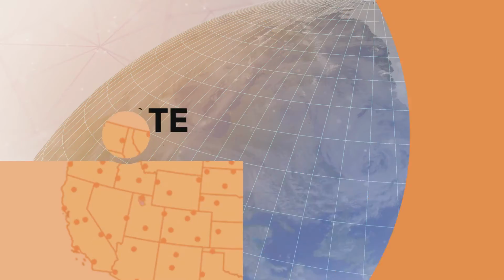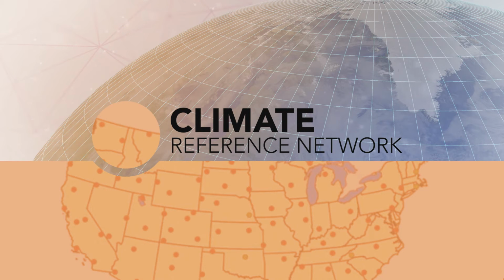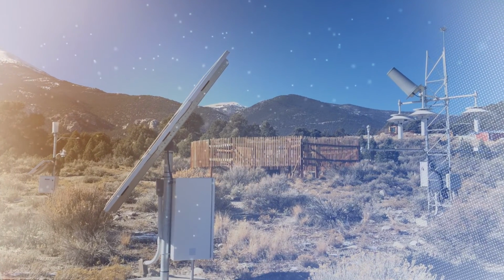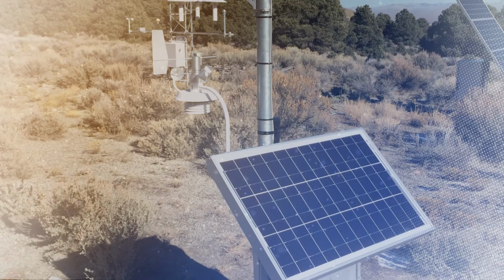Other networks are operated by state, local, and tribal agencies to support environmental protection and air quality management, and number about several hundred across the country. There is also the Climate Reference Network to track changes in climate. These stations are located in areas with stable land cover and land use to minimize the impacts of other changes over time.